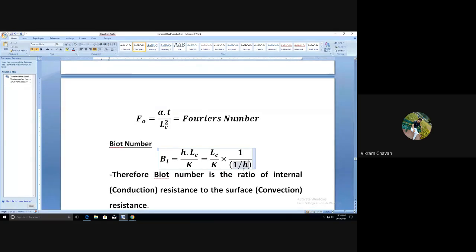So in that particular solid where we get small internal resistance, the temperature gradient is also very small. Temperature gradient means the temperature change with respect to distance.